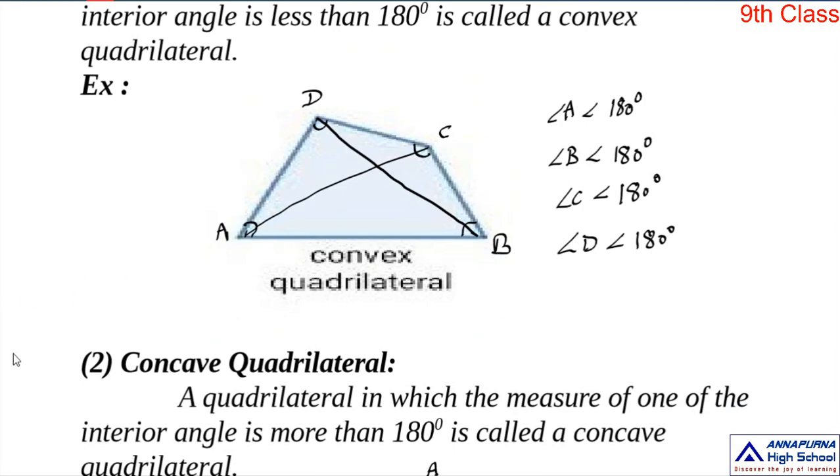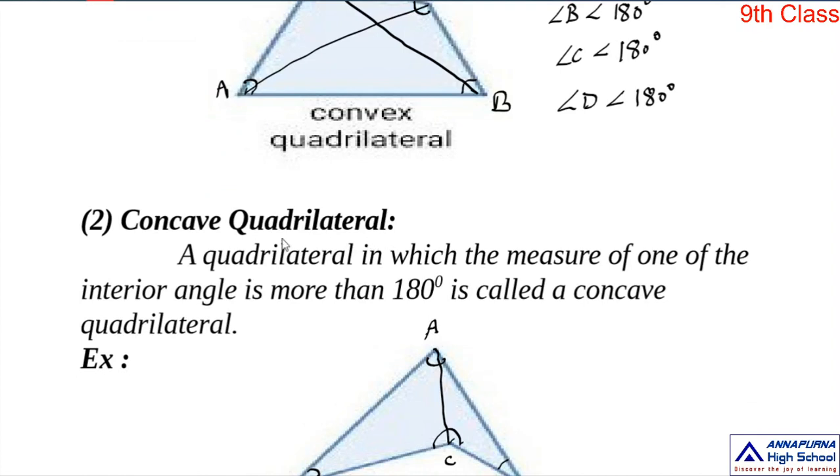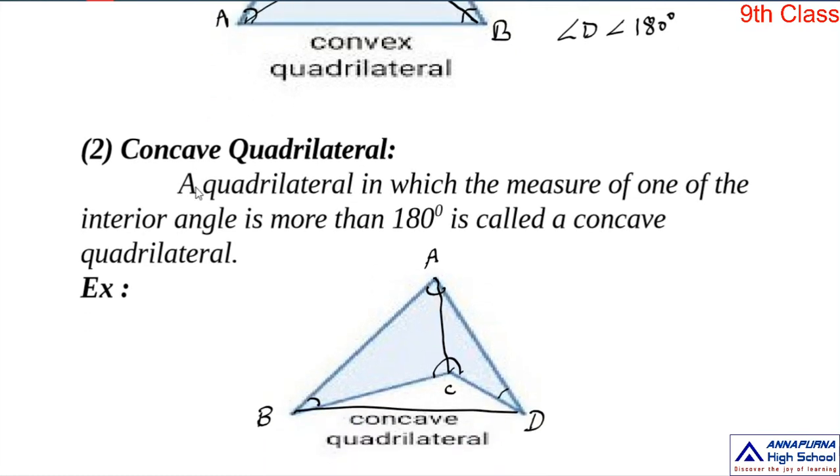Next, the second one is concave quadrilateral. What is the definition of a concave quadrilateral? A quadrilateral in which the measure of one of the interior angles is more than 180 degrees is called a concave quadrilateral.